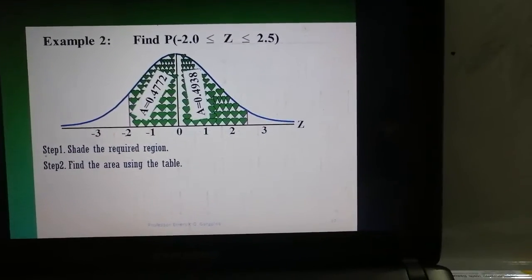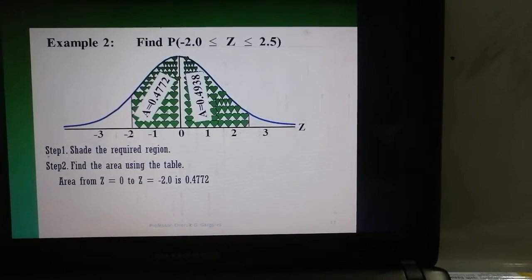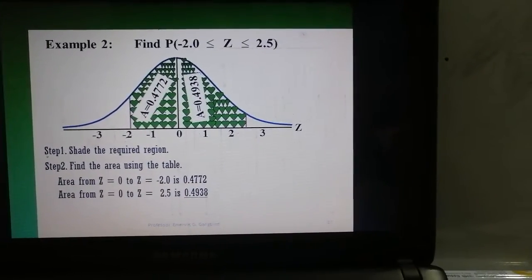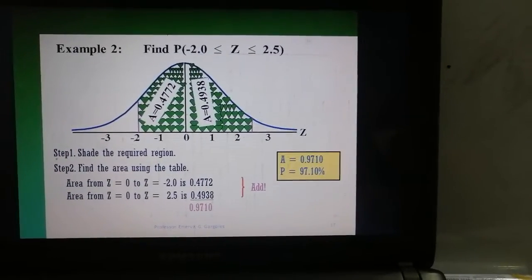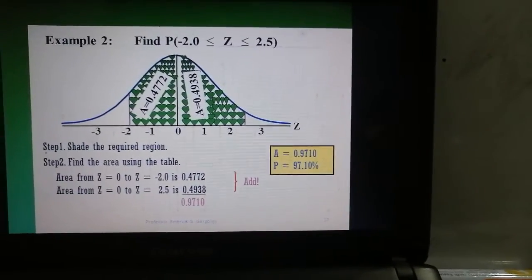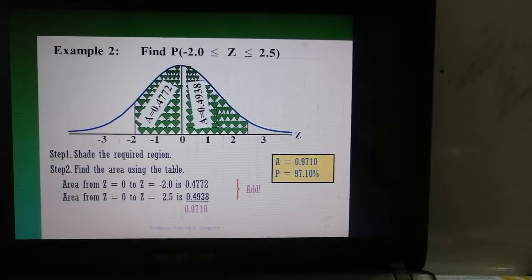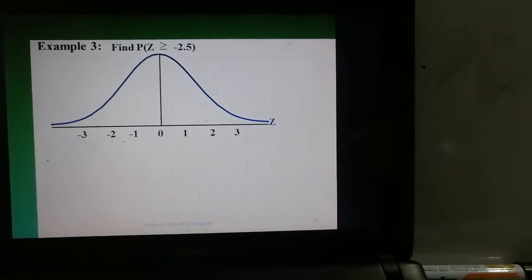And then what we need to do, we add. To get the area of interest, we need to add 0.4772 to 0.4938. The area that we need is 0.9710, and the probability is 97.10%. Did you get that? Now let me give you another example.